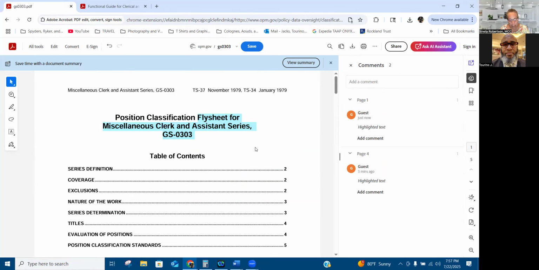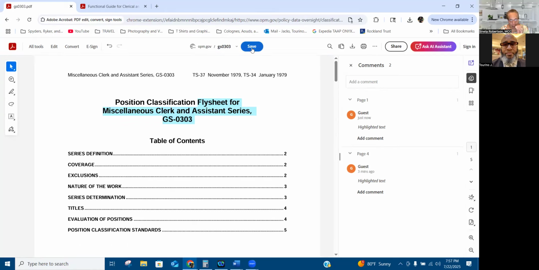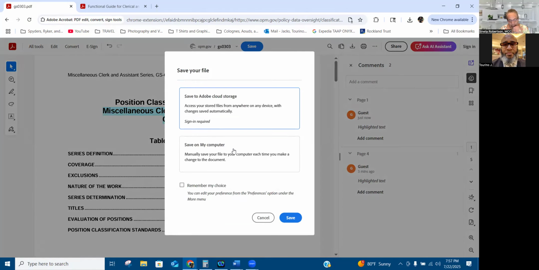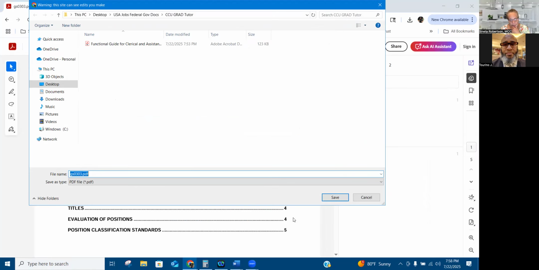If it is, you can use the 303 and that guide, but if it involves some other type of work that's prominent in that PD, you will use the 303 and another closely related standard to evaluate the position.